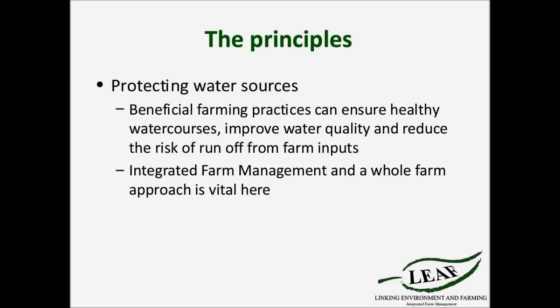One is avoiding nitrates, pollution risks and pesticides getting into the water. Alongside that, creating habitats and buffer strips against water improves water quality and reduces the risk of runoff from farm inputs. It's a win-win situation, because anything that runs off into a watercourse not only creates a pollution problem, but is also a cost, because the input is not being as effective as it should be where it's intended, on the grass or the cereal crop or whatever.